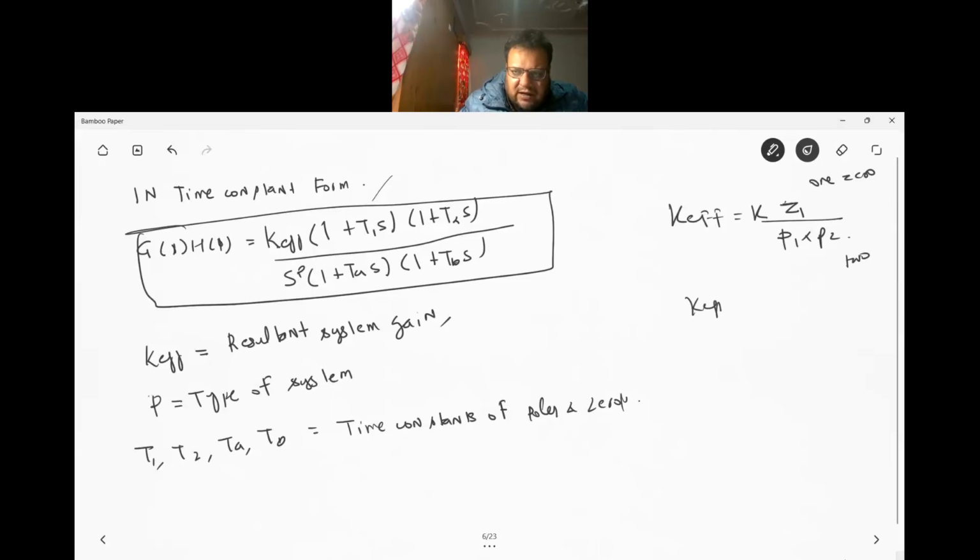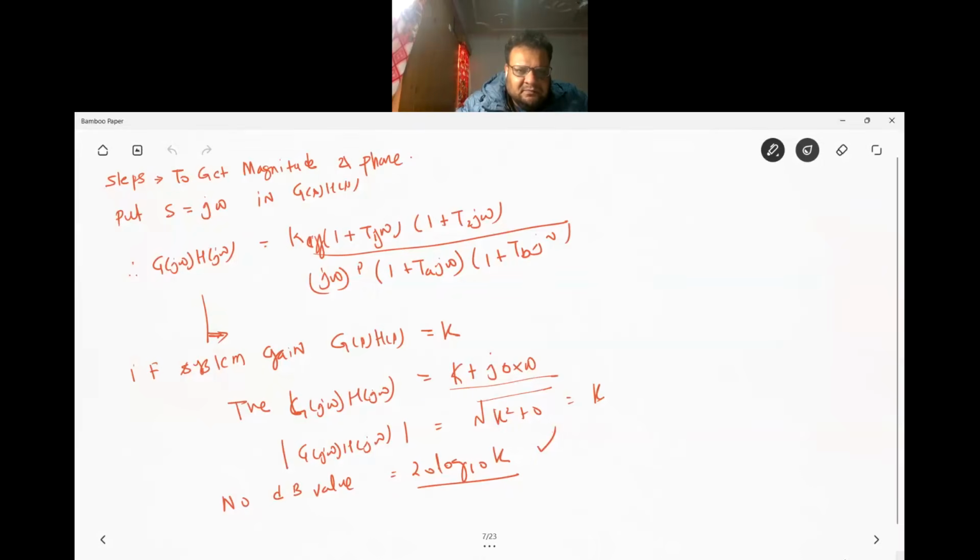Or let's say vice versa. If you are having two zeros, then it would be K into z1 into z2. And let's say you have one pole, then it would be just p1. Same way, these are the time constant forms.